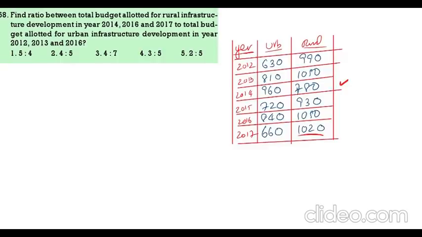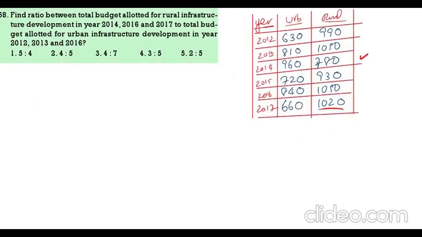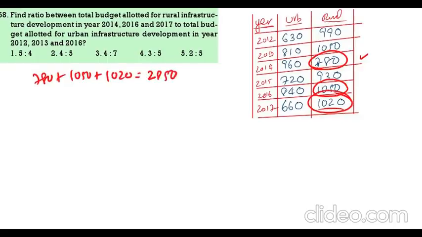See the next question. Find the ratio of the budget allotted for rural infrastructure in 14, 16, 17. 14, 780. 16, 1050. 17, 1020. Total 2850. This is rural.